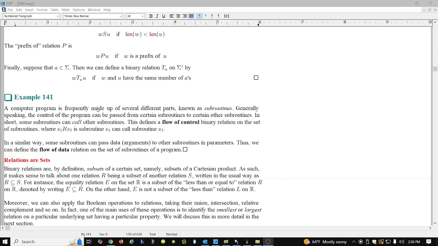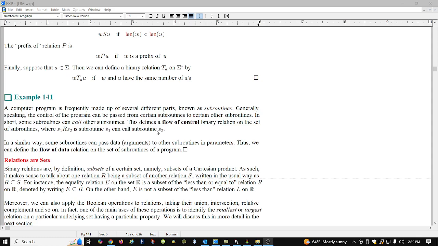It's going to depend on the scope of the subroutines, the accessibility of the subroutines. So, in short, some subroutines can call other subroutines. And this defines a flow of control binary relation on the set of subroutines. S1 is related to S2 if S1 can call S2.